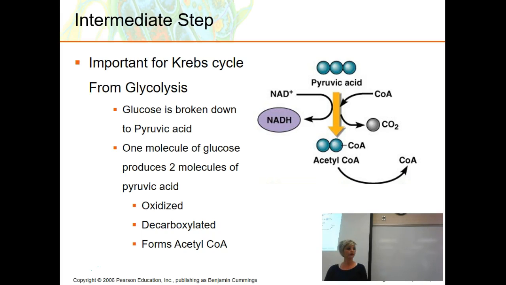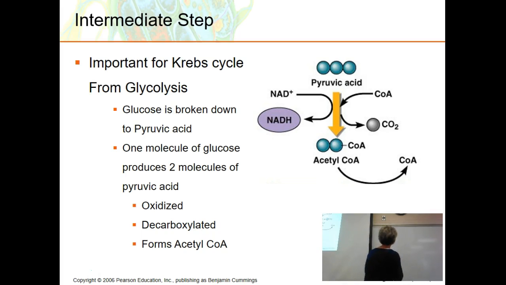And acetyl-CoA enters into the Krebs cycle. The Krebs cycle is a step-by-step series of different chemical reactions. I'm not going to make you re-know the Krebs cycle or revisit all of that, but we're going to focus on two important parts of it.